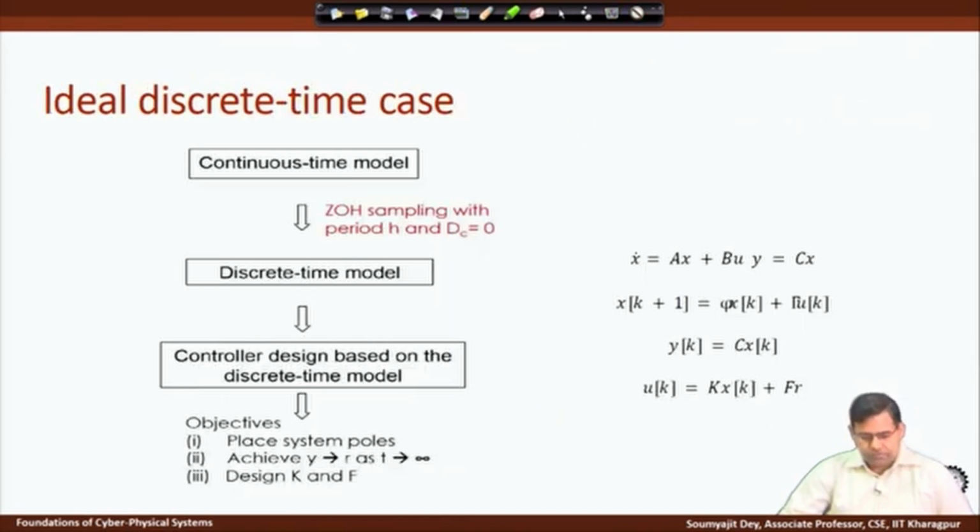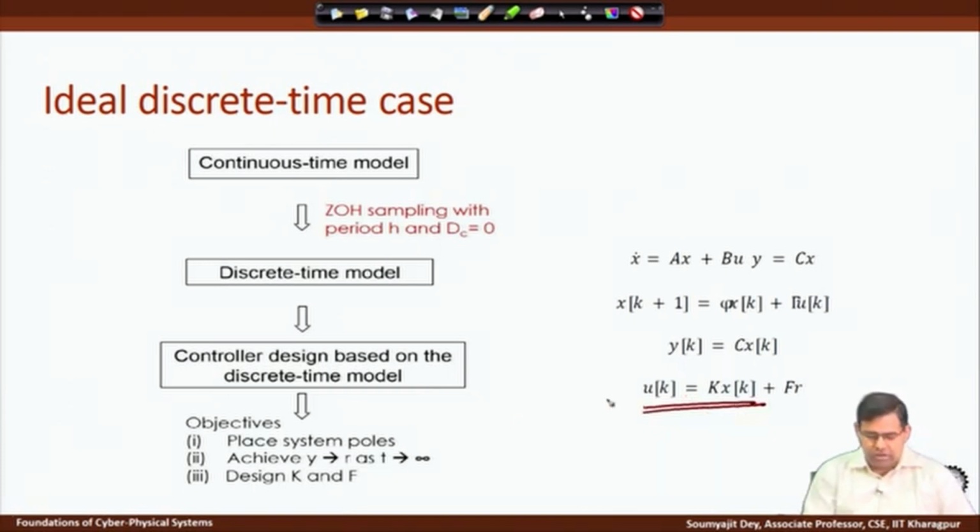The ideal discrete time case is this: you start with the continuous time model, you have zero order hold sampling, and your deadline is 0, meaning you immediately get the control computed. We do not have that situation here.